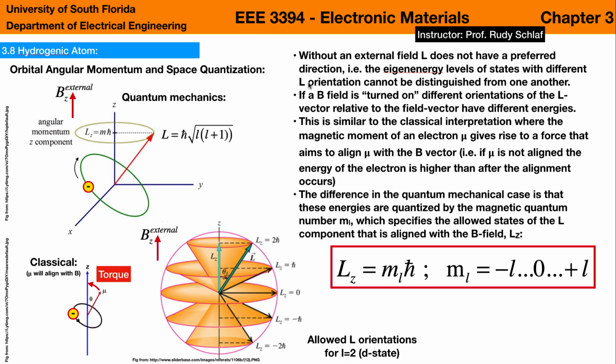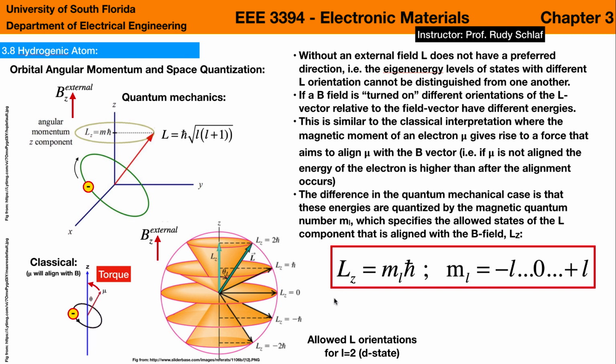I just told you that without an external field, the orientation of the orbital angular momentum vector L does not play a role, and we wouldn't see any difference in the energy levels of a state depending on where L is pointing. But as soon as we turn on an external field, we get a quantization of the z component of the L vector.